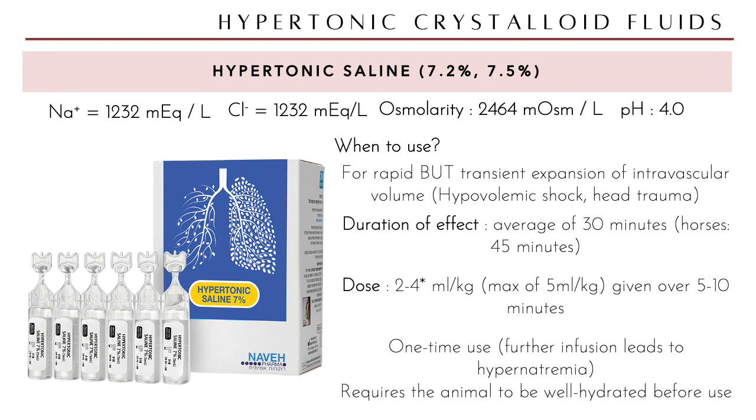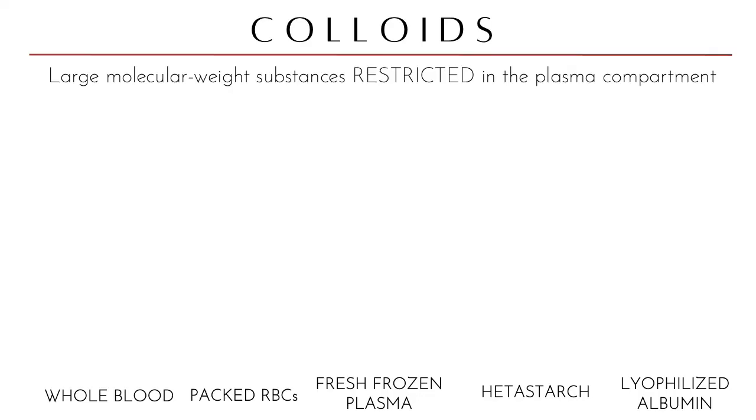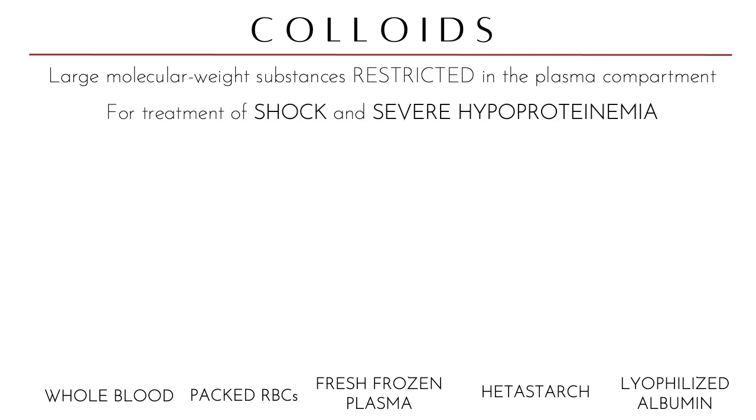So next, colloids. Right. These are large molecular weight substances that do not cross the capillary membrane. They are restricted in the blood vessels. So these are used for treatment of shock and severe hypoproteinemia, when walang protein sa plasma ng animal, right?